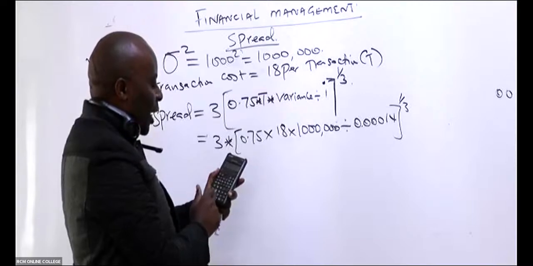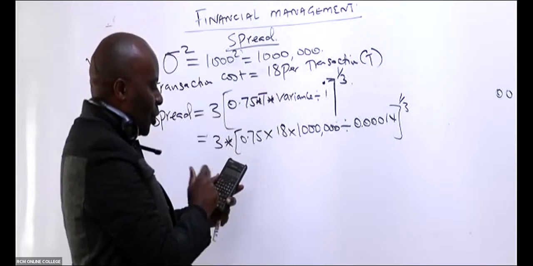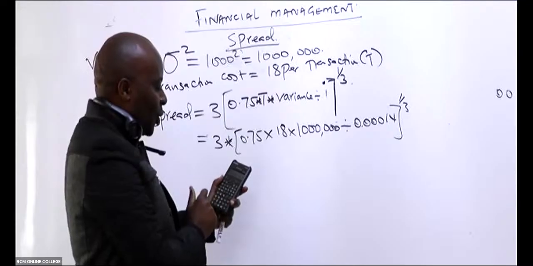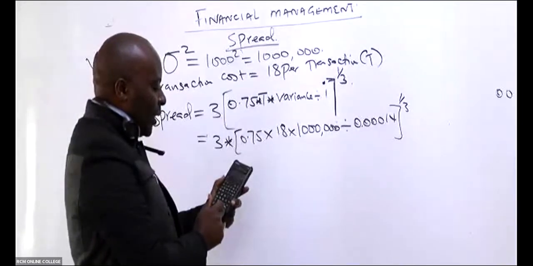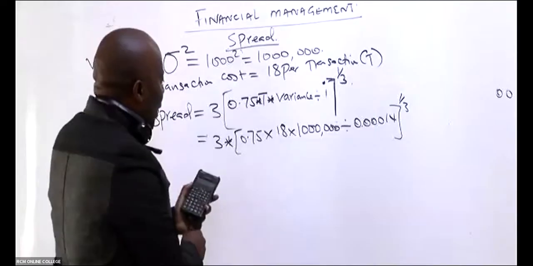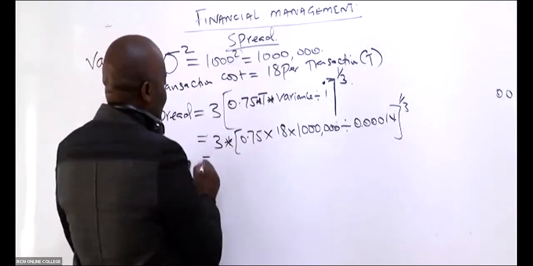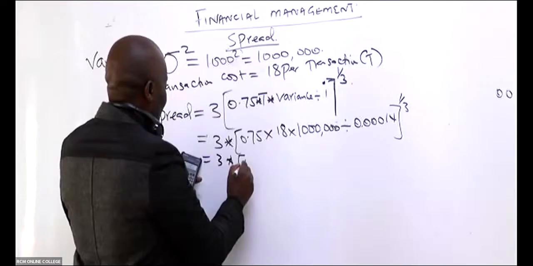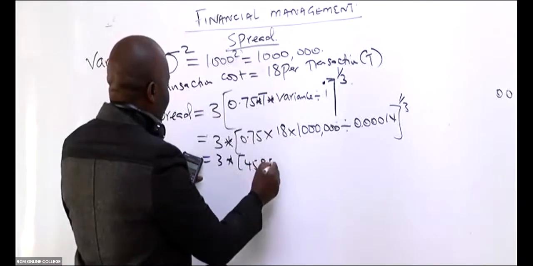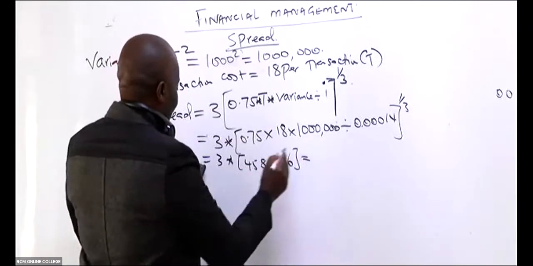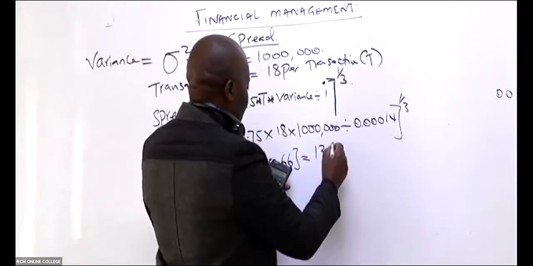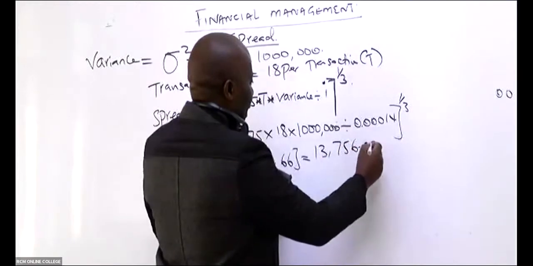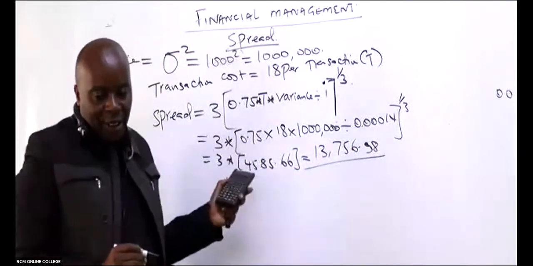Whatever I'm getting, I will say raised to, open brackets, 1 divided by 3, close brackets, then equals. So what figure are we getting? Inside here, I'm getting 85.66. So times 3, at the end of the day, I'm getting 13,756.98.